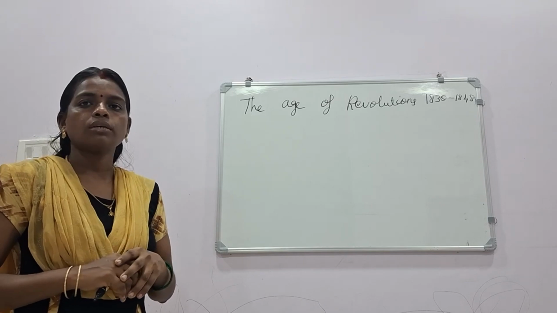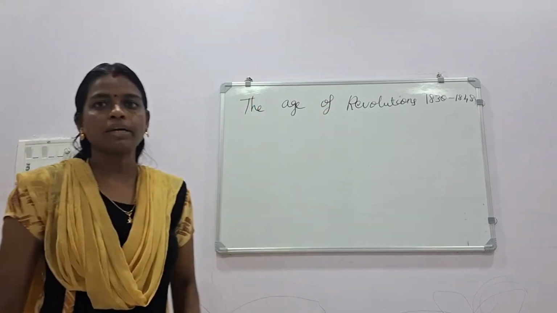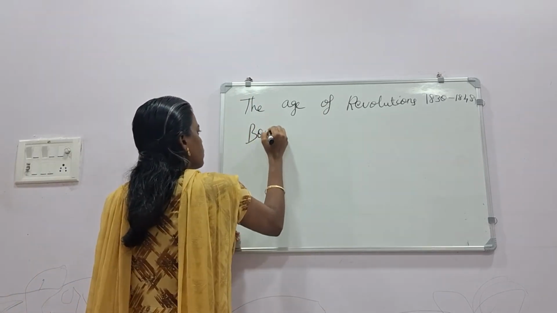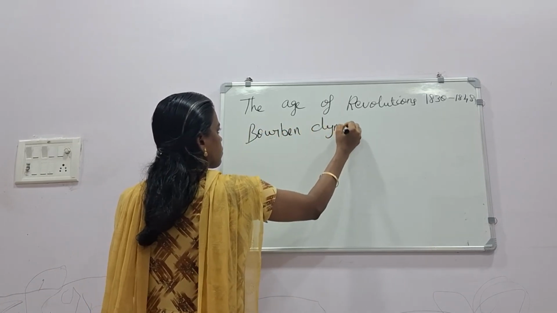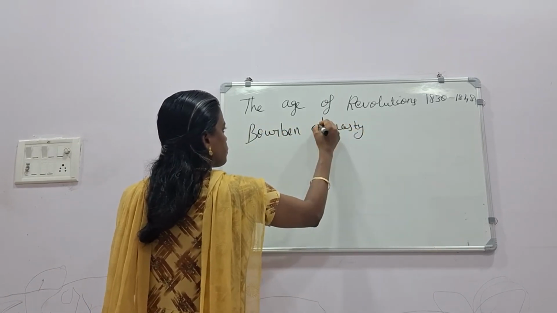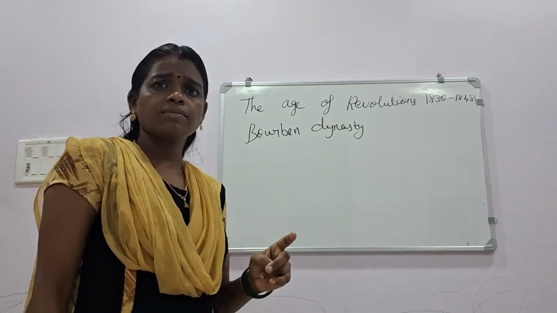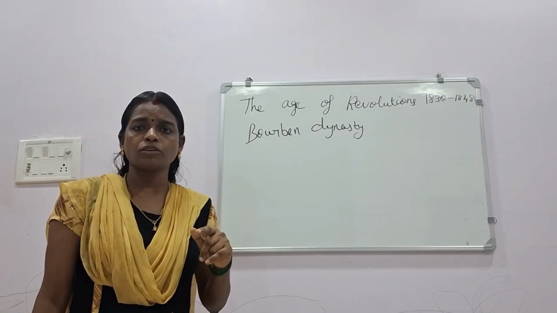Let's see whatever happened under the age of revolution. The first point will be the Bourbon dynasty. I already taught you during the conservative period, they made a change of the monarchy.